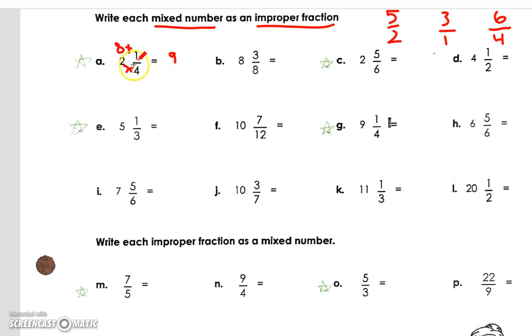Now, here's the easy part. I see that my denominator is 4. Our denominator actually always stays the same. So my answer would be 9 over 4. Let me try number 2 for you. We're going to do the same thing. 8 times 8, I know, is 64.